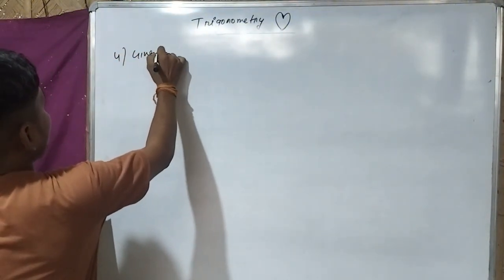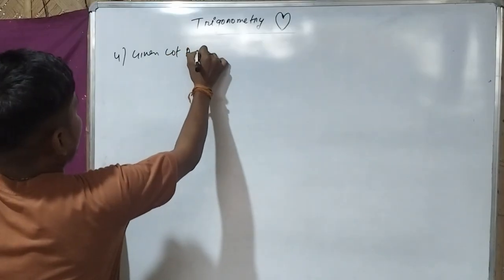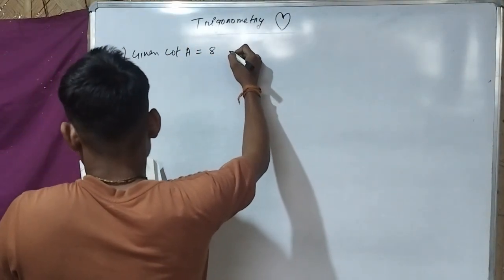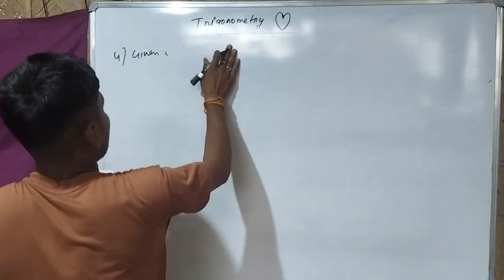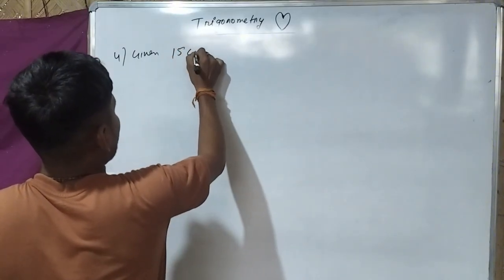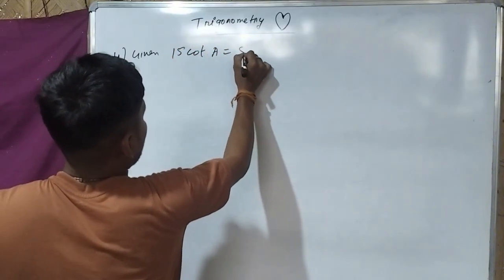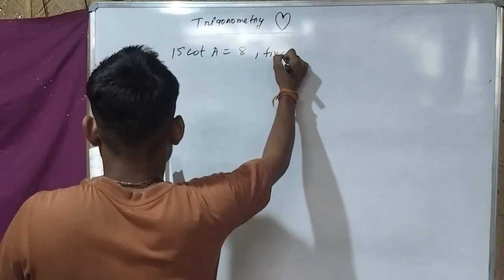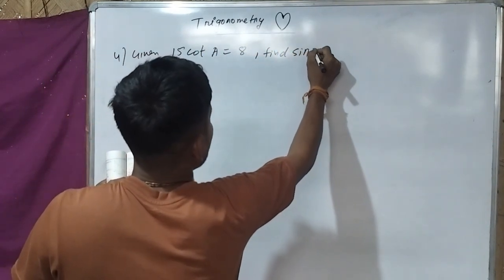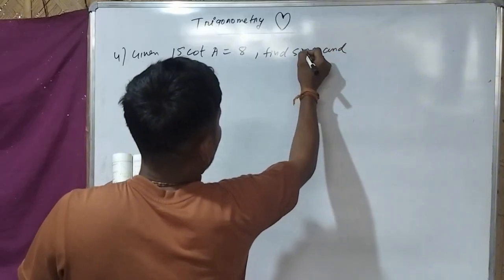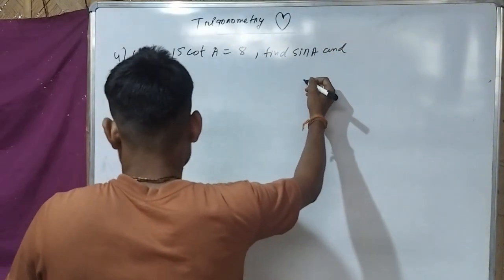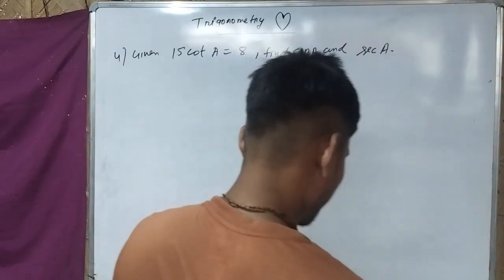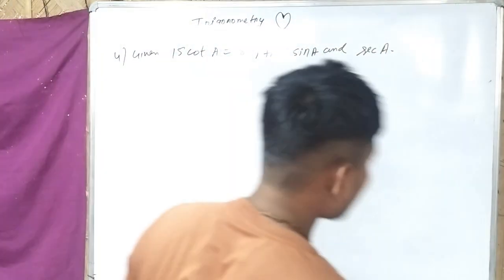Given 15 cot A equal to 8, then find sin A and sec A. So how do we solve this one?